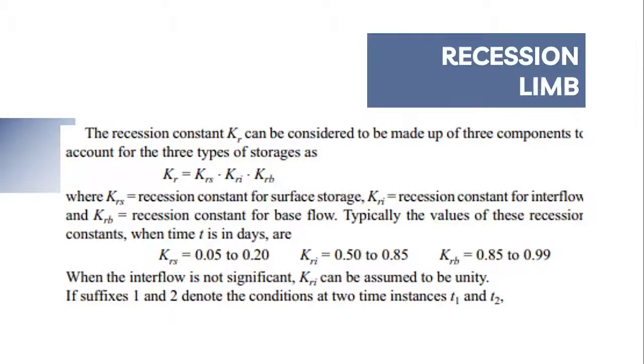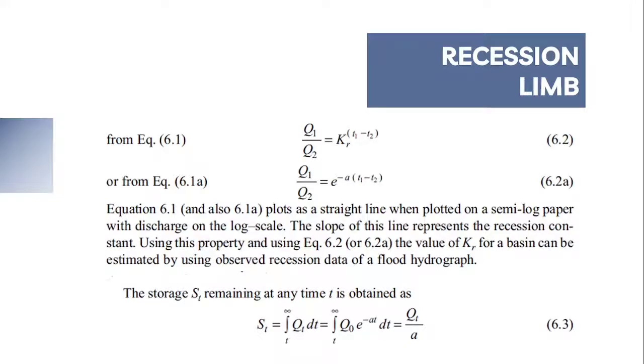If suffixes 1 and 2 denote the conditions at two time instances T sub 1 and T sub 2, then from equation 6.1, we have Q sub 1 over Q sub 2, our discharges, equals K sub R raised to the power of T sub 1 minus T sub 2.